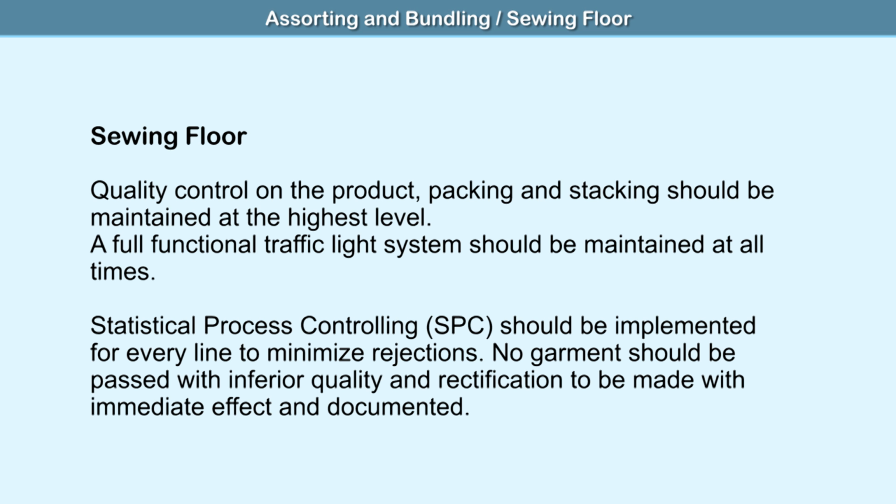Statistical process controlling should be implemented for every line to minimize rejections. No garment should be passed with inferior quality, and rectification to be made with immediate effect and documented.